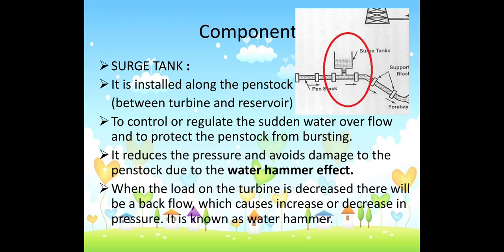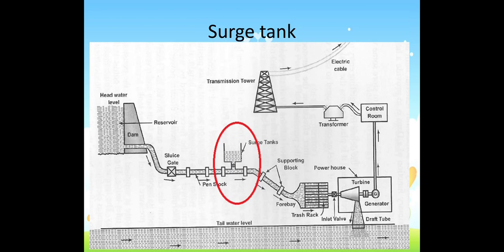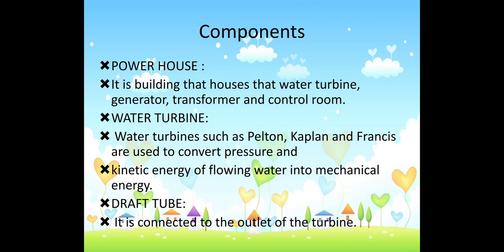If the sluice gate is suddenly closed, back pressure is produced, which can damage the penstock as well as the turbine. To avoid that effect, we use the surge tank. It compensates the pressure loss in the penstock while the sluice gate suddenly closes. When we close the sluice gate, a vacuum can form in the penstock, and the water compensates for that back pressure.